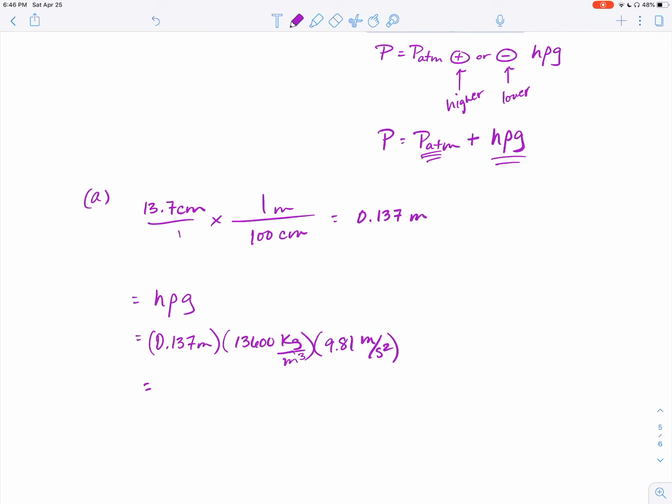And this gives us a value of approximately, in 3 sig figs, 18,300 pascals. Well, keep in mind, this is this value.